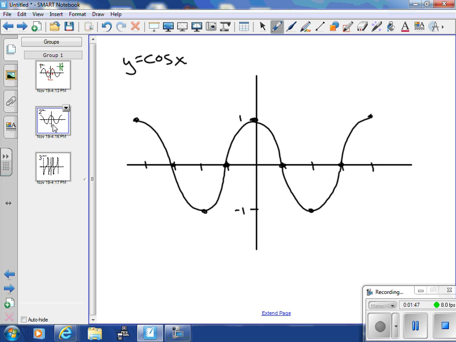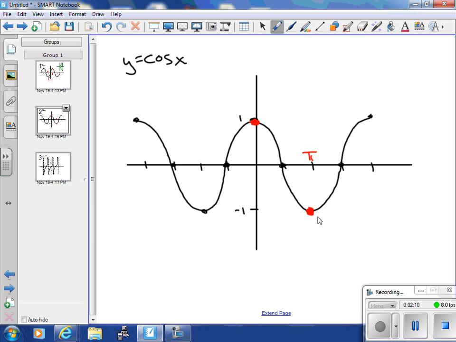Whereas when we look at the cosine, same situation here. It will not pass the horizontal line test. However, if we look at the function only from 0 to pi, this covers its full spectrum of values, everything from 1 down to -1.